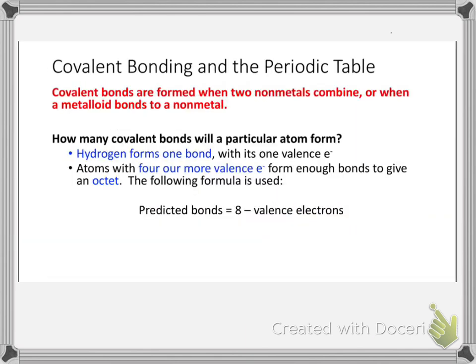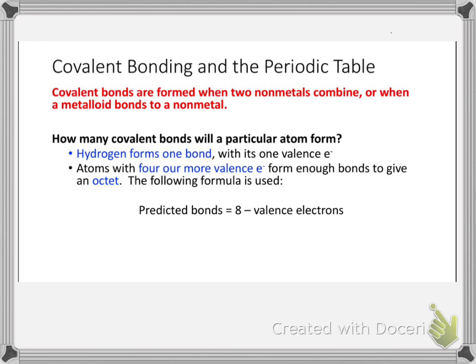So let's think about the periodic table and how it can help us predict the number of bonds and the number of non-bonding or lone pairs that an atom would have when it forms a molecule. So on this slide in red is just a reminder to us that covalent bonds are formed when 2 nonmetals combine, or when you have a metalloid and a nonmetal.